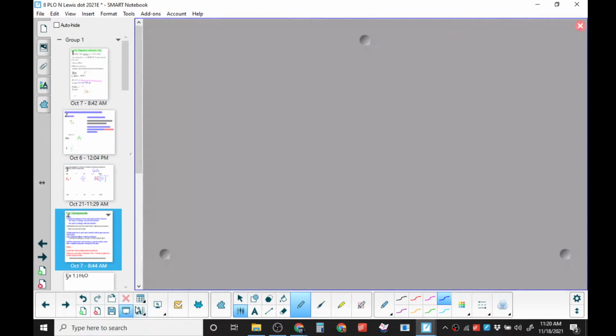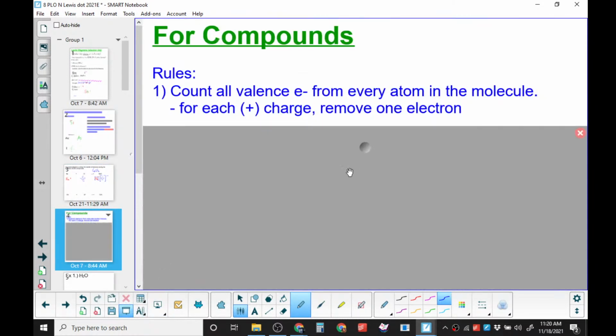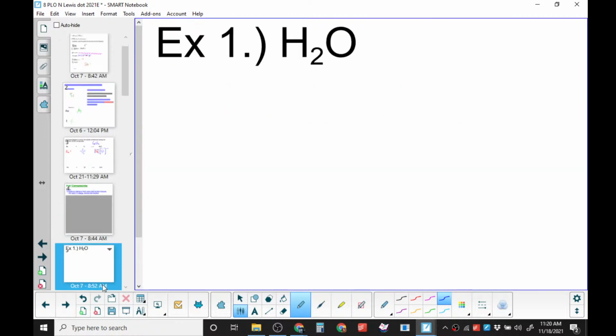Now, there's a lot of rules, and I find the rules really help later on, and this is the method if you had me last year that I taught you, and now I'm going to show you the other method, because I want you to do H2O just how you think it should be done. I want you to draw the Lewis for hydrogen, the Lewis for the other hydrogen, because it's H2, and the Lewis for oxygen.